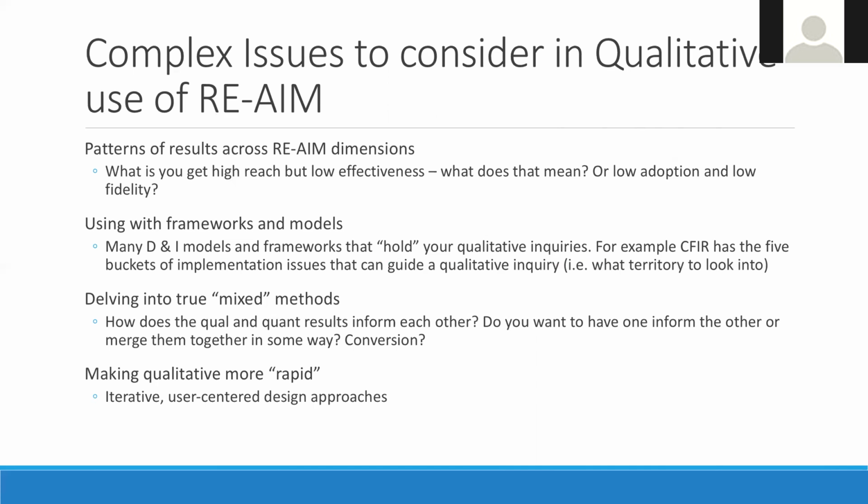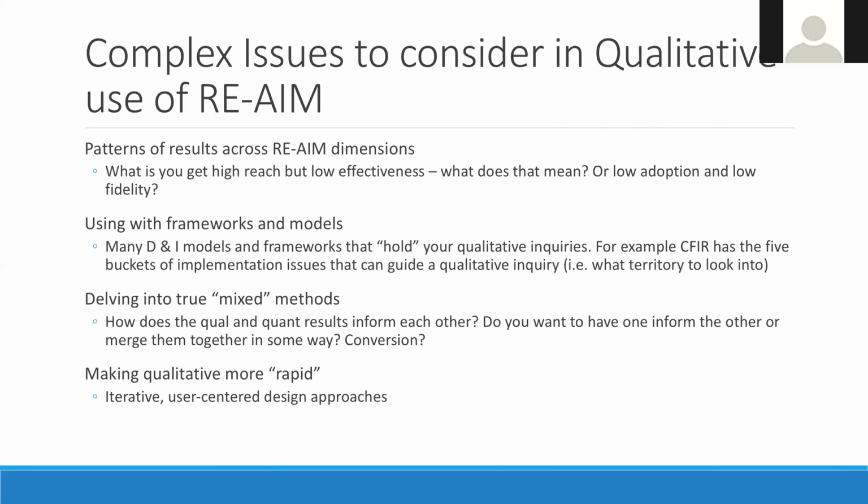For example, a very popular and predominant framework is the Consolidated Framework for Implementation Research, or CFIR. It has 5 buckets of implementation issues. So if you're trying to look at what's happening with this referral program to this diabetic education program or self-management program, I can know that if I use CFIR, I might want to look to the inner setting, or the practice in the hospital or health system.